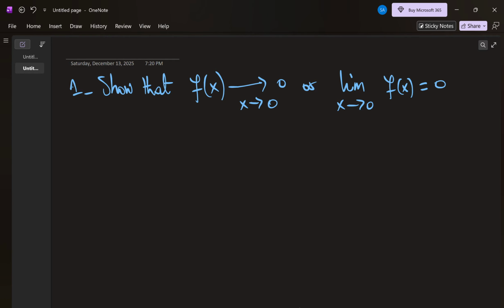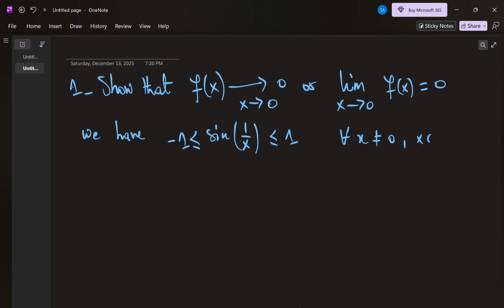So we have sine 1 over x is between 1 and minus 1 for every x different from 0, and x is any real number.